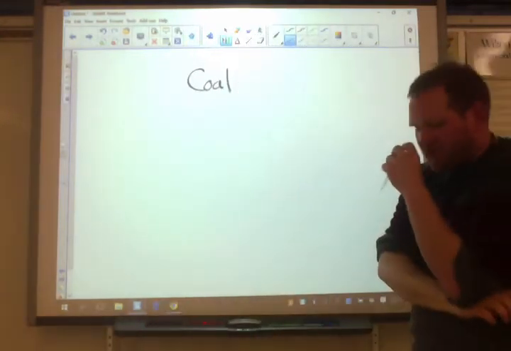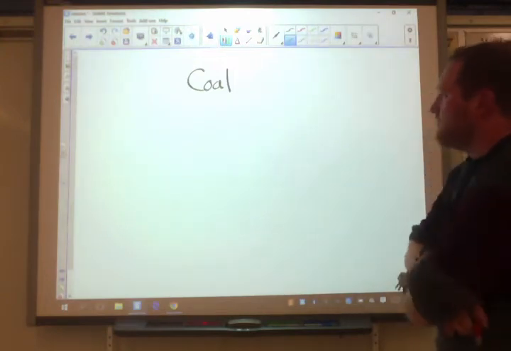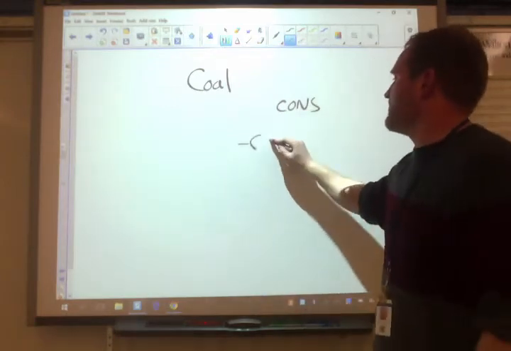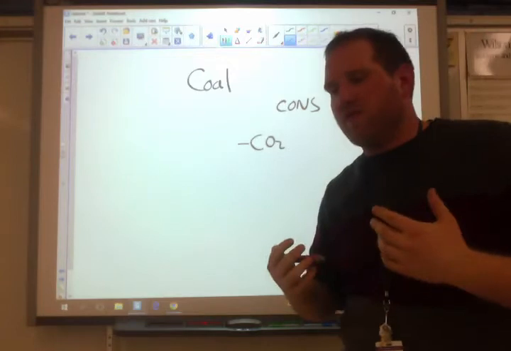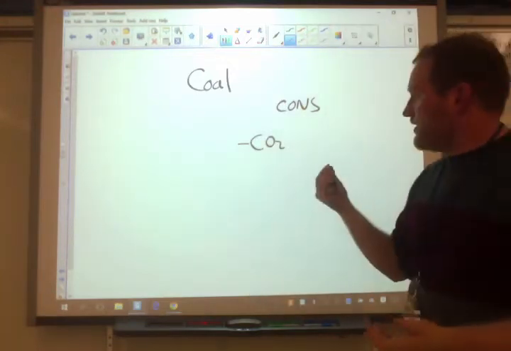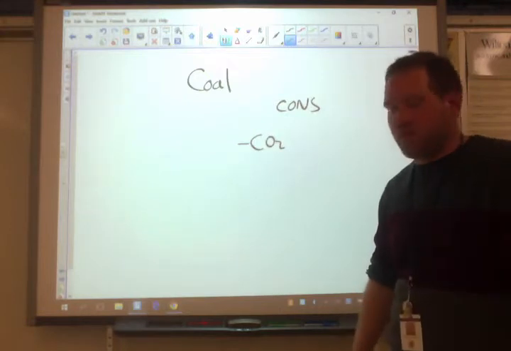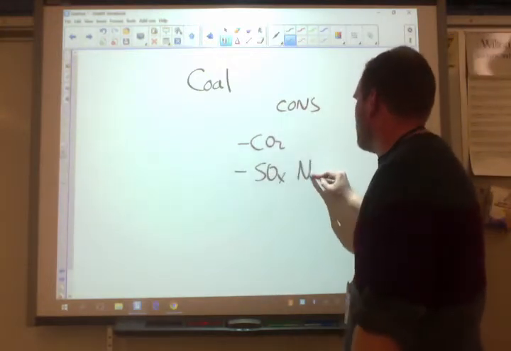Now, I'll start with the cons, because that's the one that most people come up with. Well, the big con here is CO2. Coal is really the dirtiest source of energy in terms of carbon emissions. One unit of coal produces the most CO2 out of any other source of energy. It also releases SOx and NOx.